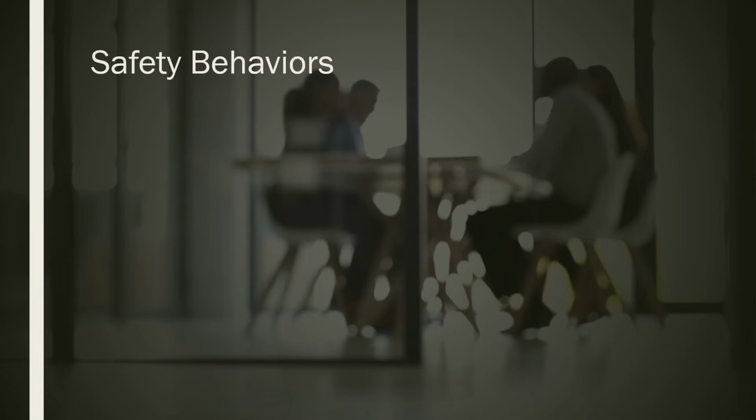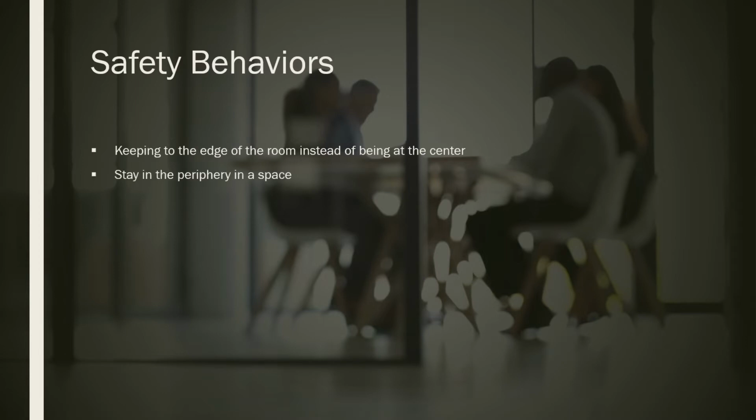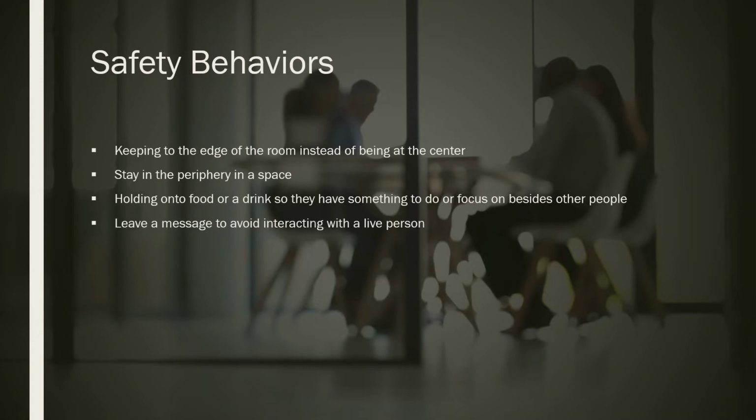Safety behaviors in social anxiety get manifested in ways more relevant to social situations, such as keeping to the edge of the room instead of being at the center, staying in the periphery of the space, holding on to food or drink bottles so that they have something to focus on besides other people, leaving a message to avoid interacting with a live person, and avoiding eye contact so that they don't have to start a conversation with a stranger.